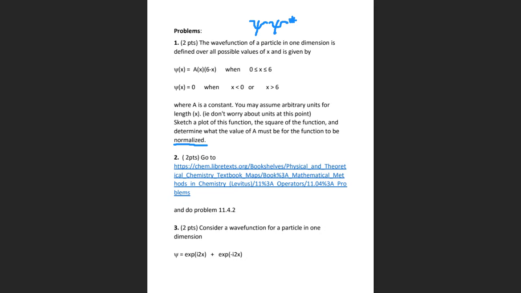And to be a good probability distribution function, when you integrate it over all possible values of the position, you should get a 1. Normalization and factors involving normalization pop up throughout the course.